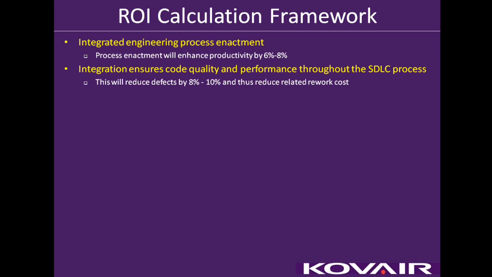The integration ensures the code quality and performance throughout the SDLC process, and you will reduce the defects by about 8 to 10%, and these are all industry standard numbers. And obviously your mileage can vary depending on your project size, the number of people, etc.